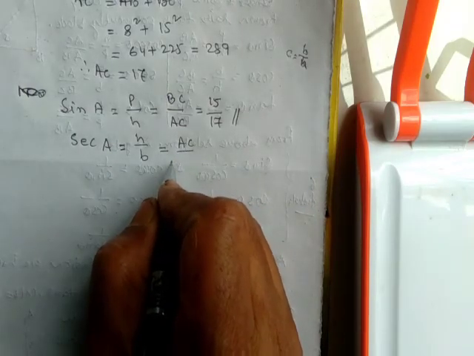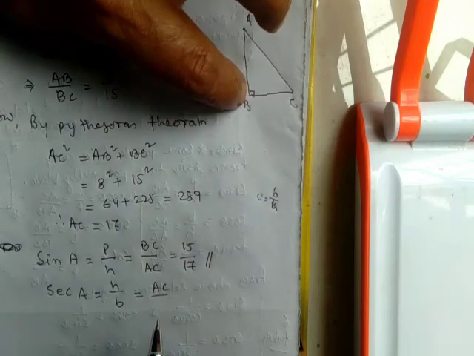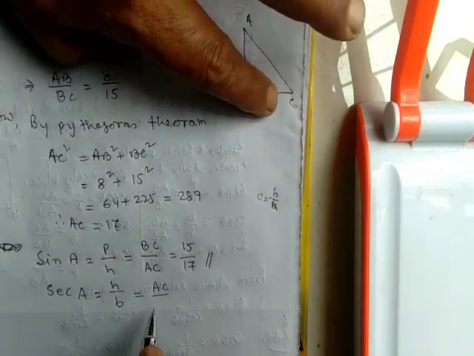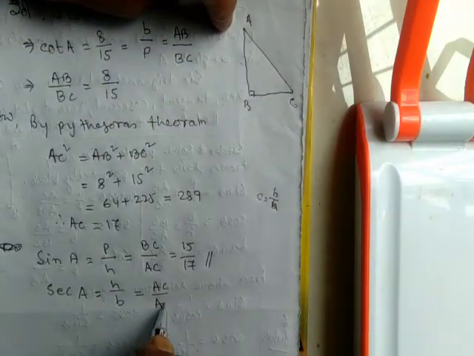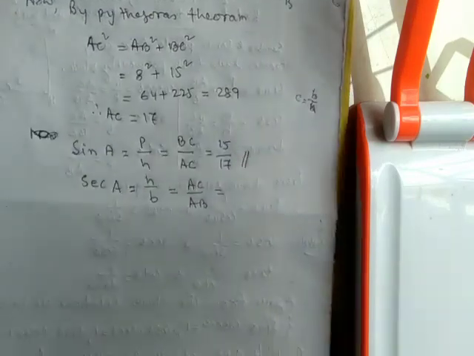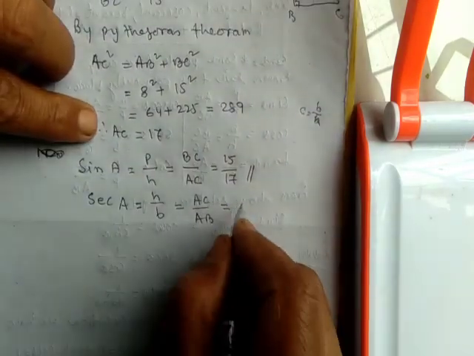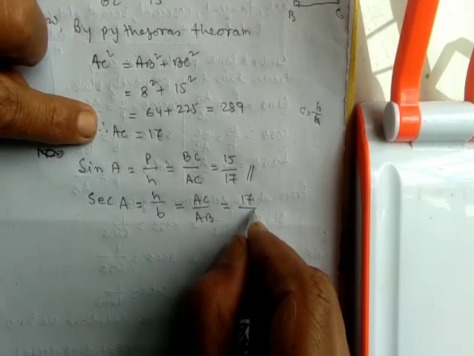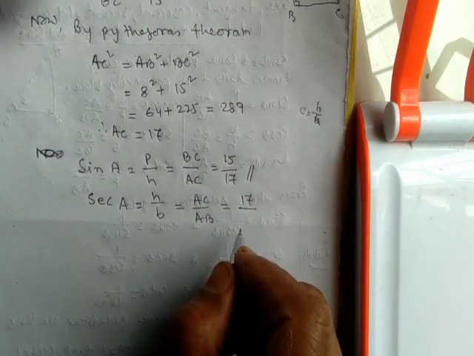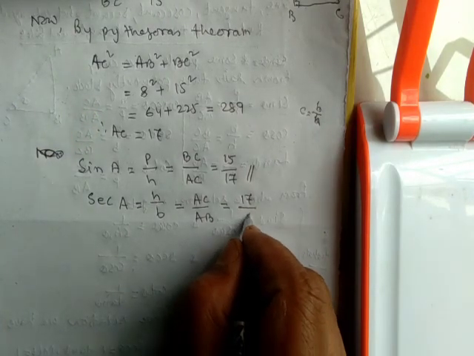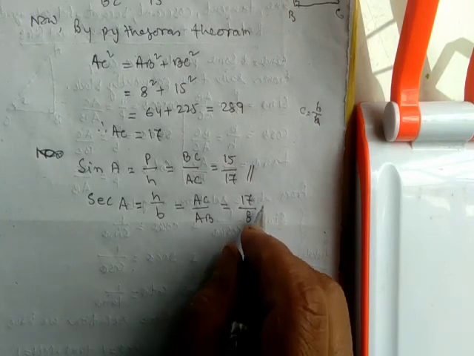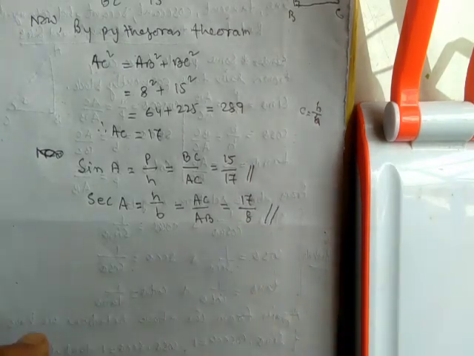The side opposite to angle A is BC, which is the perpendicular, so AB is the base. This is equal to AC by AB, which is 17 by 8. So this is how you are getting this.